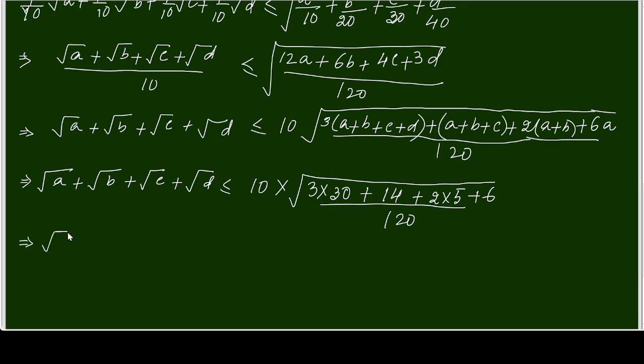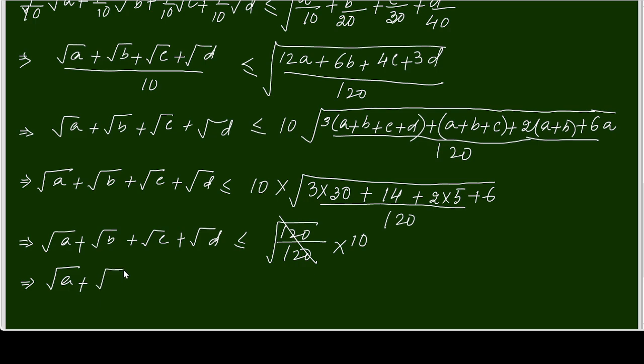So this is 90, 14, 10 and 6, which sums to 120, so 120 over 120 under the square root into 10. So this will be 10. So square root of a plus square root of b plus square root of c plus square root of d is less than or equal to 10. Proved. I hope you enjoyed. Thank you for watching.